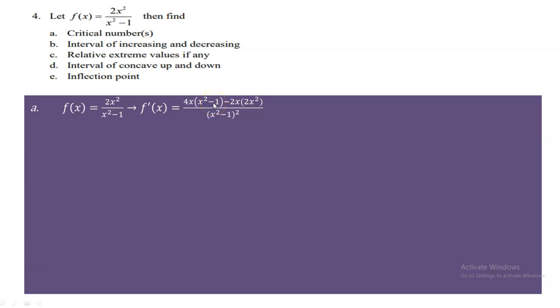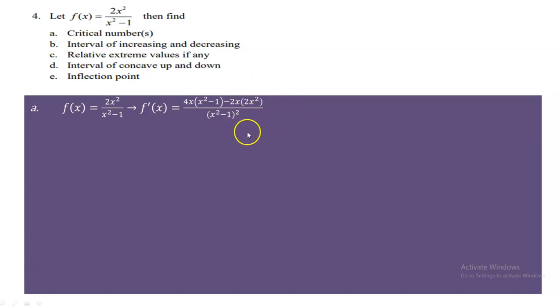Then using the quotient rule, you have a minus there, and then you will take 2x squared as it is, and you differentiate x squared minus 1. The derivative of x squared minus 1 is 2x again, as you see. Then you need to square the denominator, x squared minus 1 the whole squared.